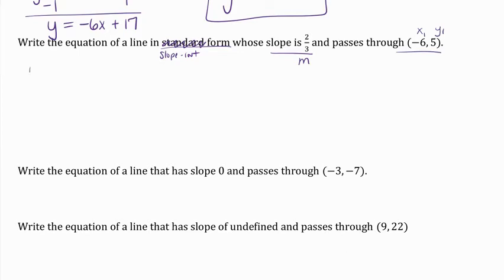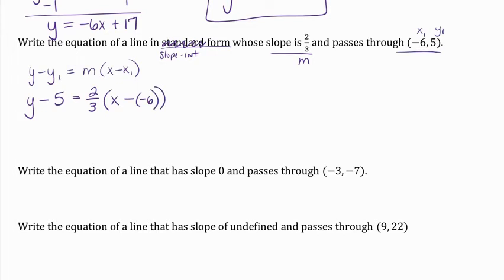Okay, so we've got our y minus y1 equals m times x minus x1. Plug everything in. So first one stays y, minus my y1 was 5 equals my m is 2/3 times x minus my x value is negative 6.